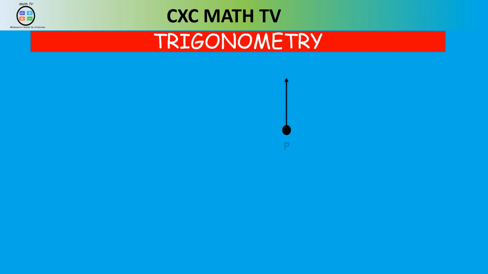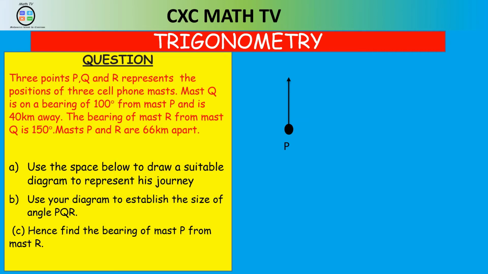Now let's look at another example right here. It says 3 points P, Q, and R represent the position of 3 cell phone masts. Mast Q is on a bearing of 100 degrees from mast P and is 40 kilometers away. The bearing of mast R from mast Q is 150 degrees and masts P and R are 66 kilometers apart.